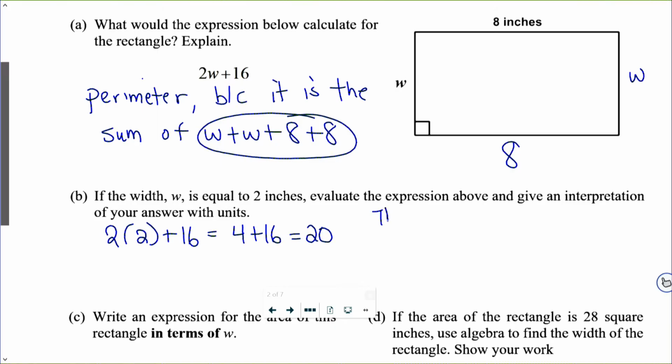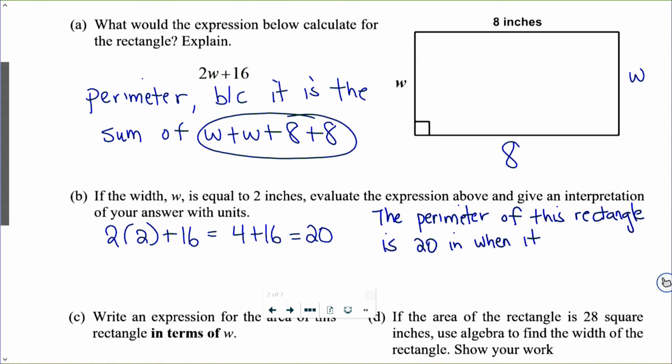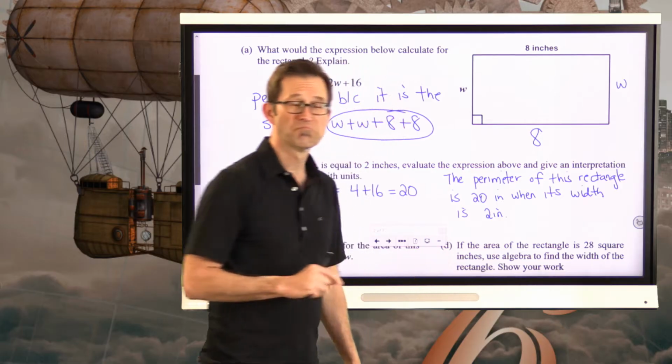Well, the interpretation would be the perimeter of this rectangle is 20 inches when its width is 2 inches. That's it.